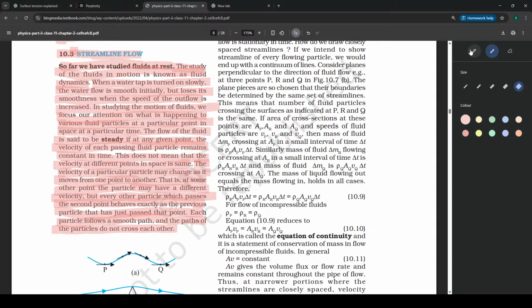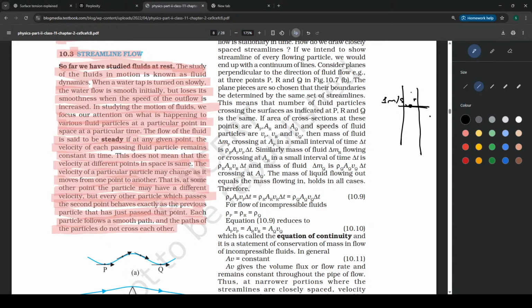Meaning, if this is the flow of water, then at this plane or point here, all the particles of water should have a certain, same velocity. If one particle in this plane has a velocity of 1 meter per second, then the second particle which comes from here will also have the same velocity.